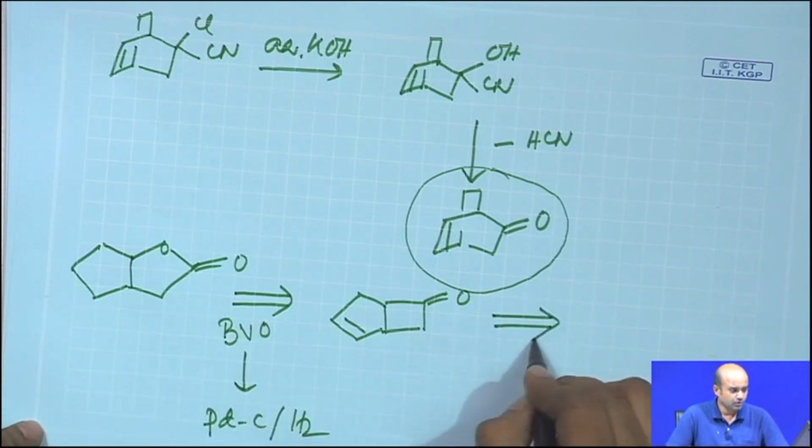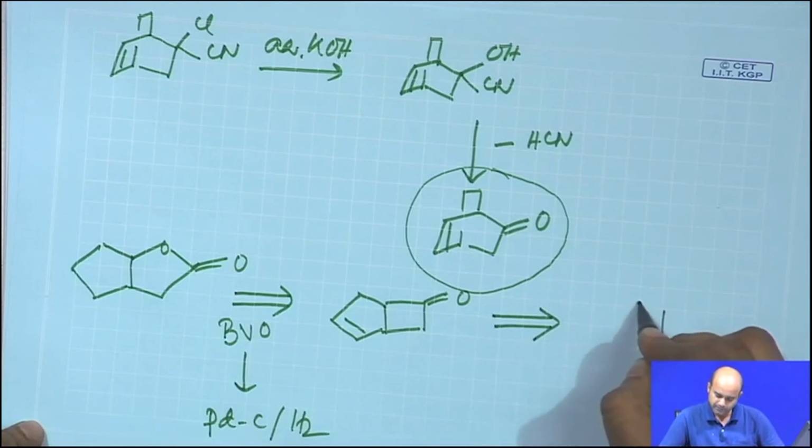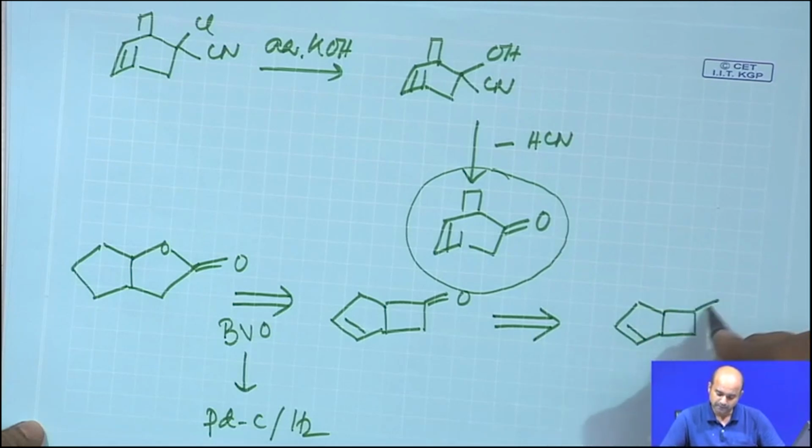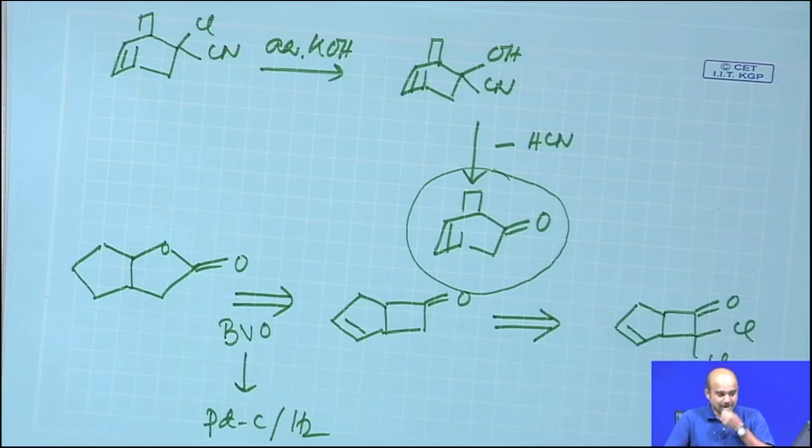So, the next retro is very interesting, and it is all based on a specific transformation, and that should make clear why you put the double bond here. We used an alpha,alpha-dichloroketone compound as a starting precursor.